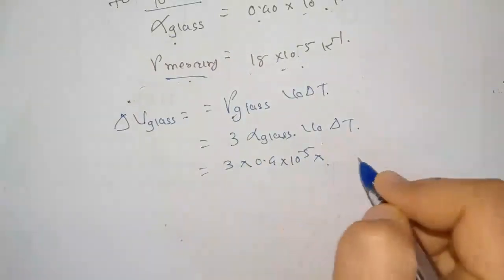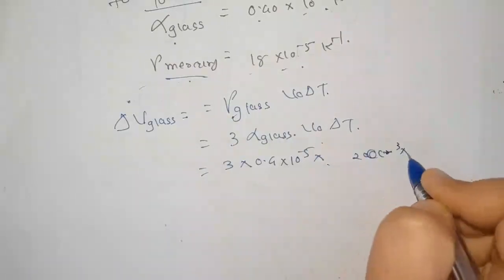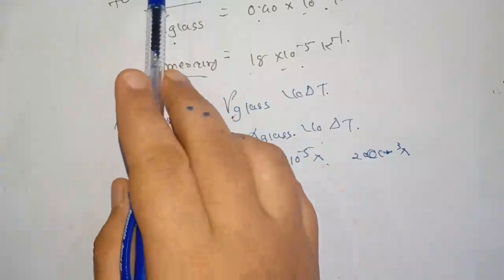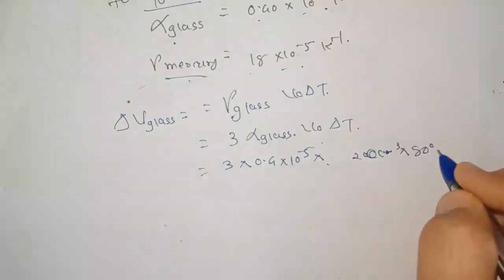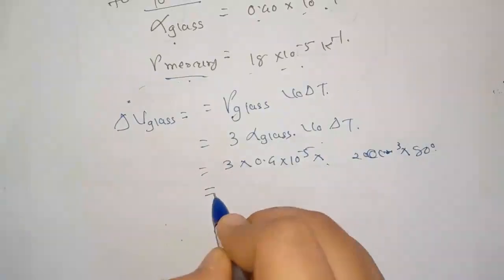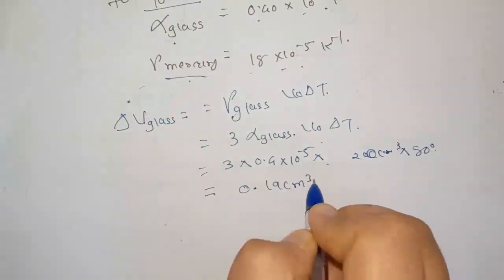V naught is 200 centimeter cube and the delta T is, initially it was 20, then we have raised to 100, so 80 degrees Celsius. Simplify this, we will get answer 0.19 centimeter cube.